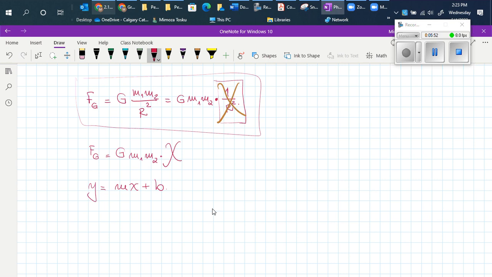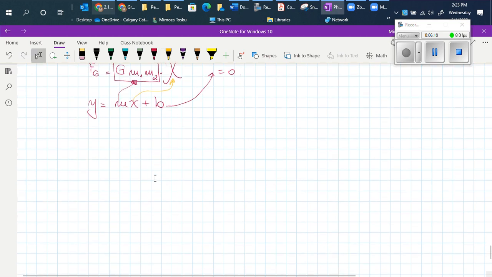In this case, b is equal to 0. M, or the slope, is equal to the product of G M1 M2, and the x is this capital X, which is actually 1 over r squared.